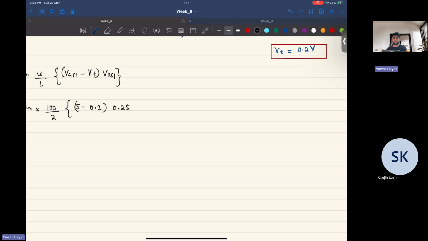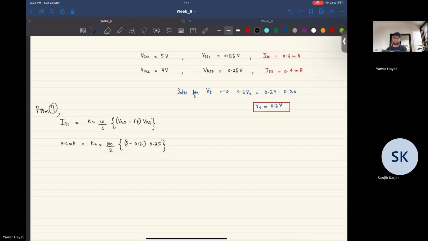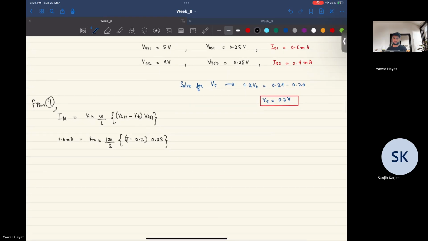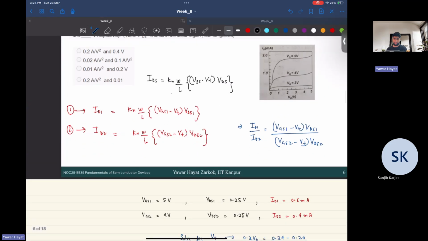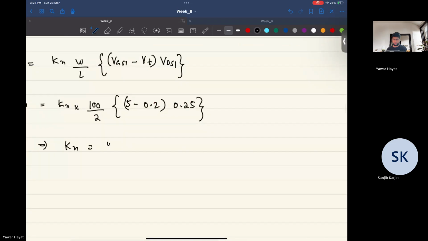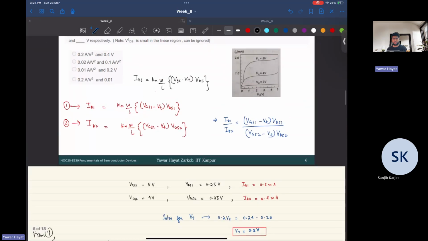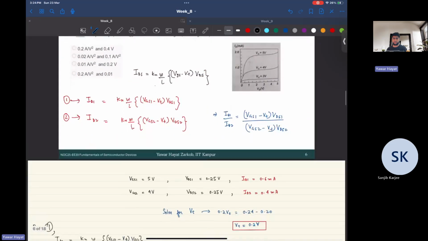VDS1 is 0.25. From this, we can find the value of gain, which is here, this mu Cox. And the value that you get is 0.01. This would be, yeah, ampere per volt square.